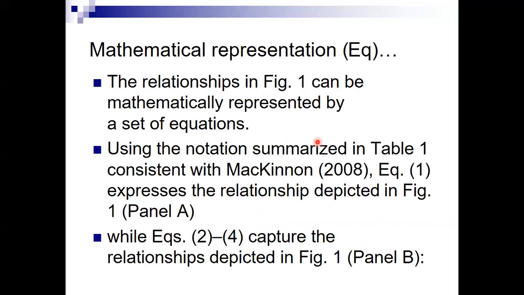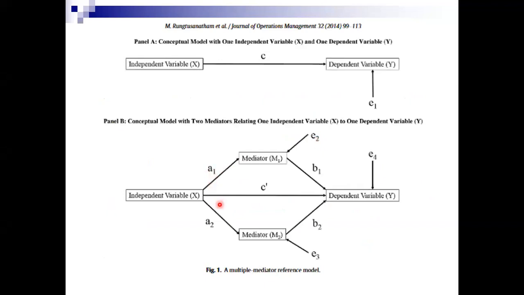Going back to this figure here. This is because the way you establish the presence of a mediation between X and Y is simply a multiplication of A1 and B1, okay? And then testing its value and looking at its significance, okay?